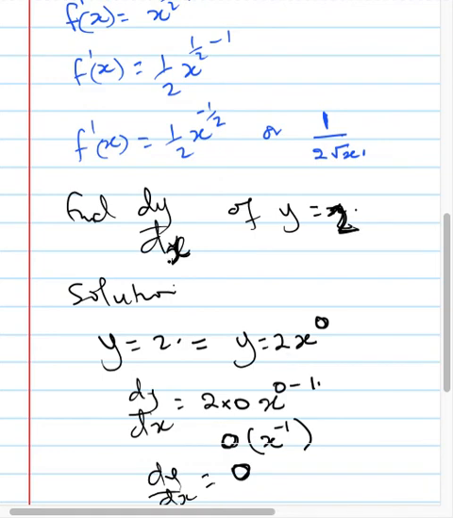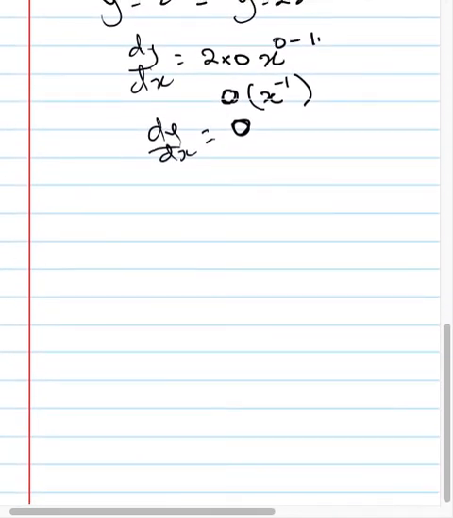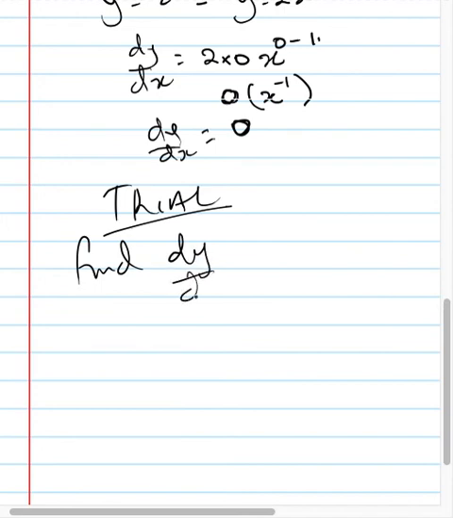So I hope the power rule is okay, and I hope you understand this. I'll give you some quick ones that you can try out. Find dy dx, for example, y equals x to the power of 4, or y equals x to the power of 9.